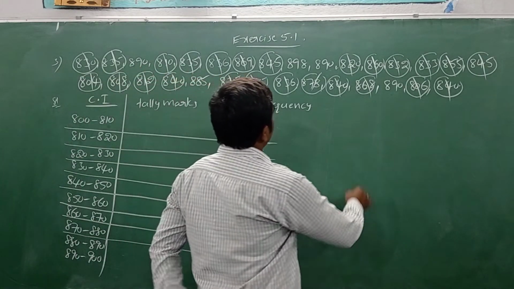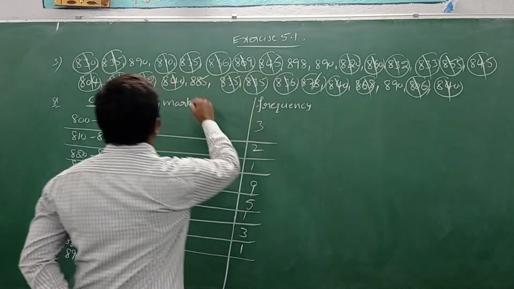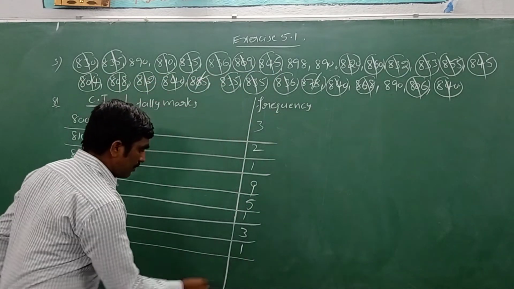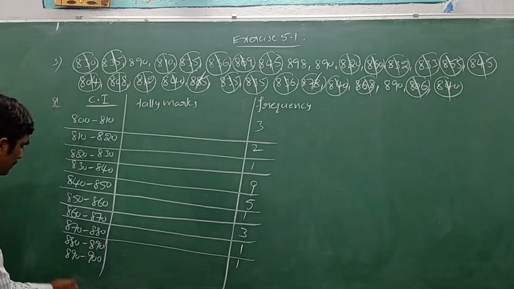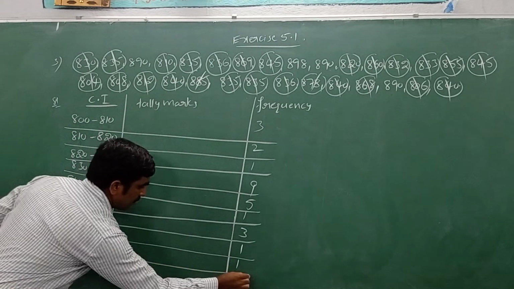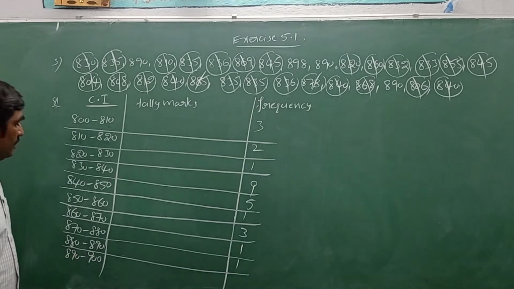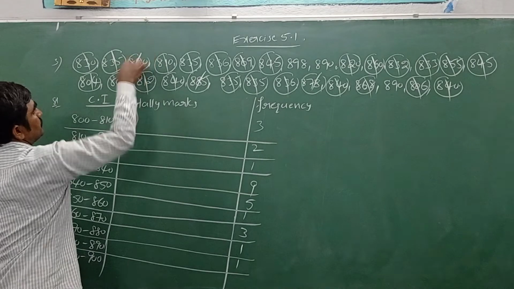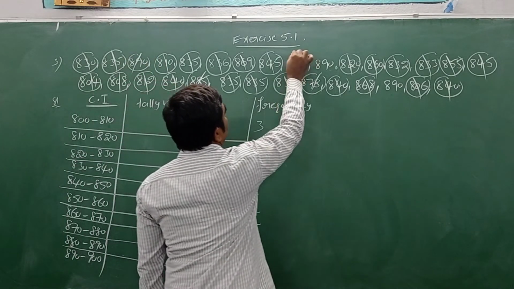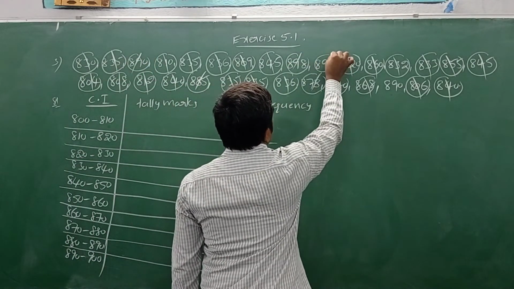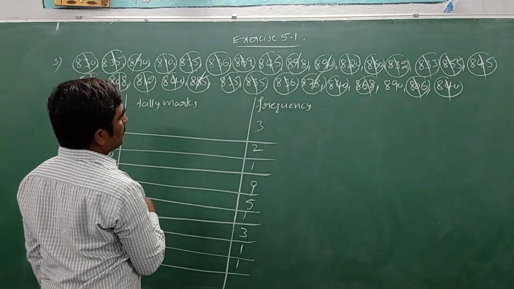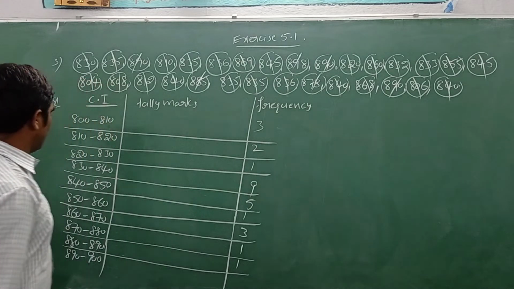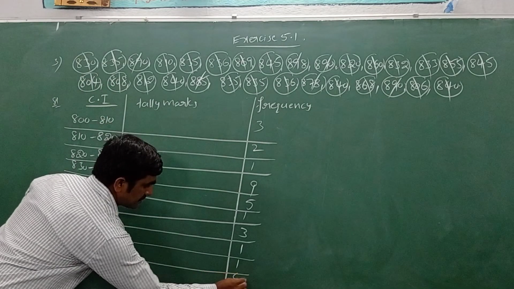Only one observation. Then we'll see the last one, 890 to 899. 1, 2, 3, 4. 4 observations are falling in the last class interval.